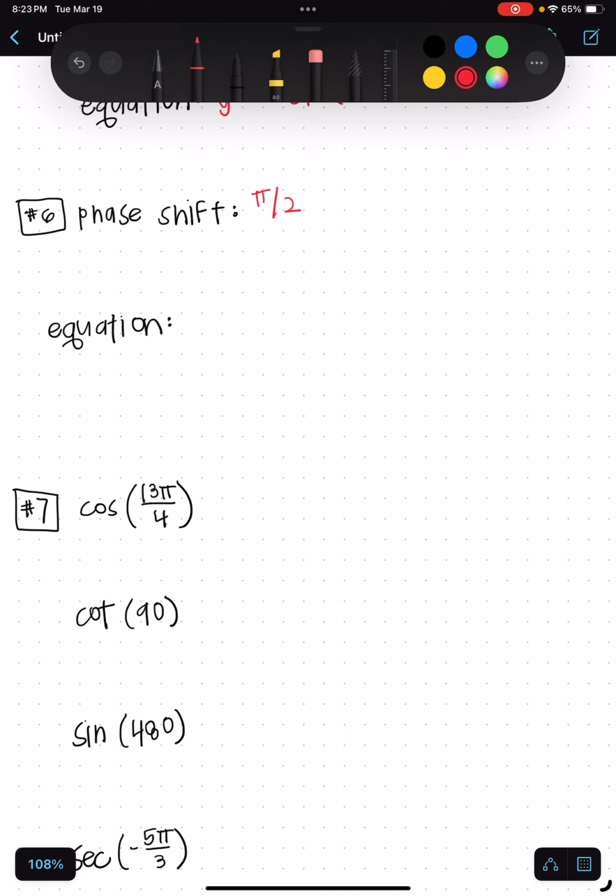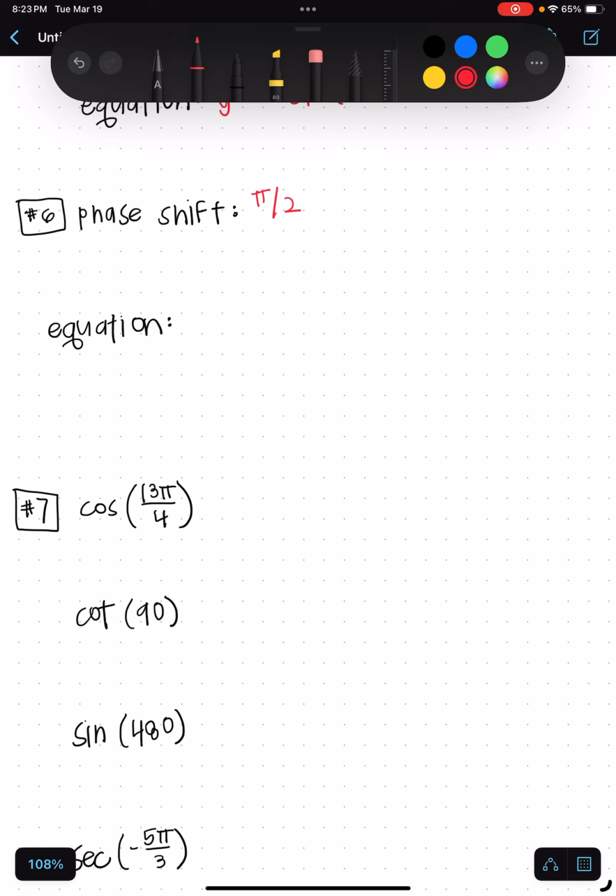Now, when I write the equation, I need to figure out what the period is. We need to find the amplitude and the period and all of that. So we know that the lowest point is at -2 and the highest point is at 8.